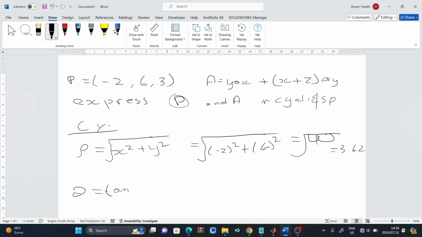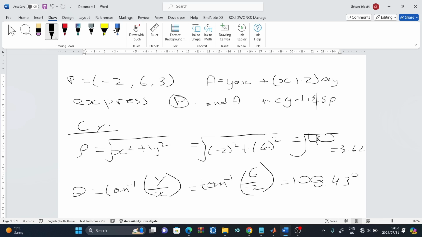So it's going to be tan minus 1 of y over x, which equals, if you put 6 and minus 2 into the calculator, that gives you minus 3, which I think in degrees is 108 degrees.